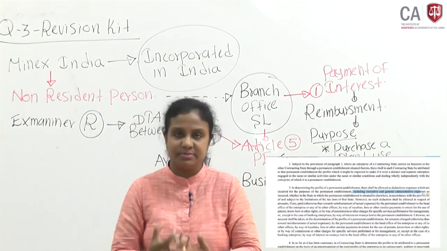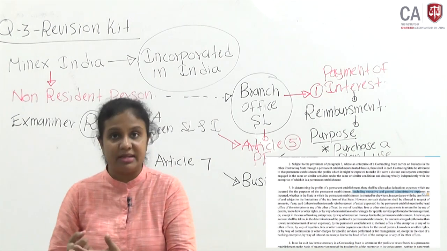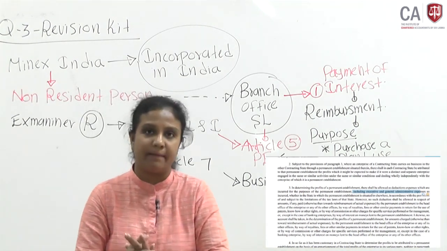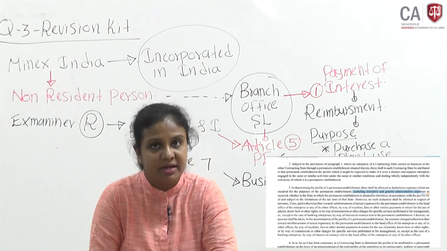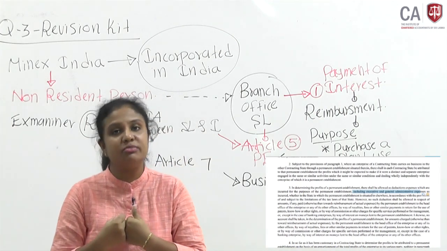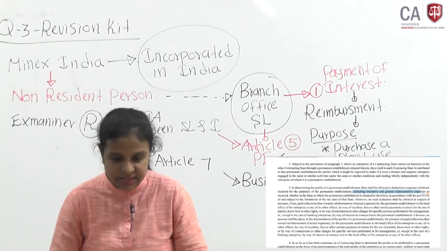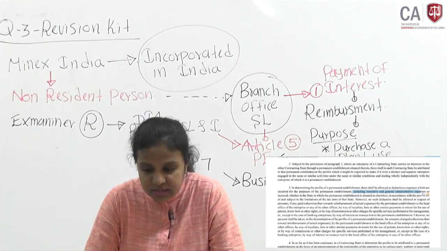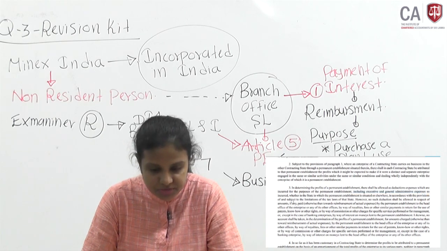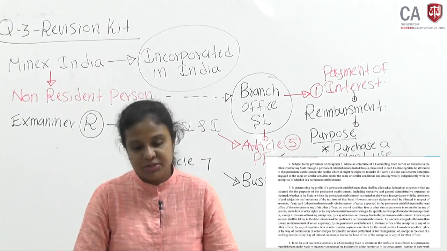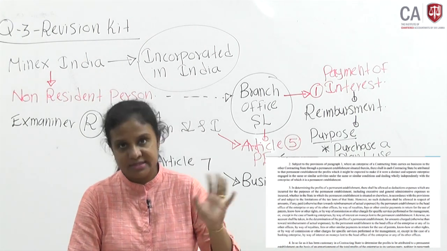Even if it is expended by the head office or a branch office, it doesn't matter. But that particular expenditure should be relevant to me and it should be incurred during the year. Then, in accordance with the provisions of and subject to the limitations of the tax laws in that state, it should be done according to the laws in Sri Lanka.